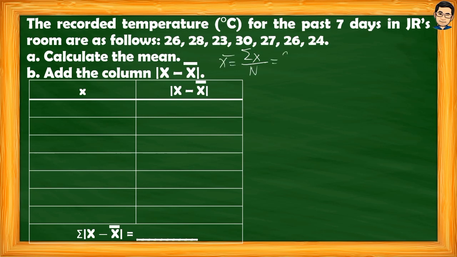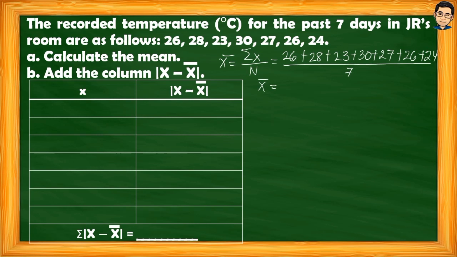So, add lang natin 26 plus 28 plus 23 plus 30 plus 27 plus 26 plus 24. And then divide natin sa 7. Okay. So, add natin ngayon yung 26 hanggang 24.